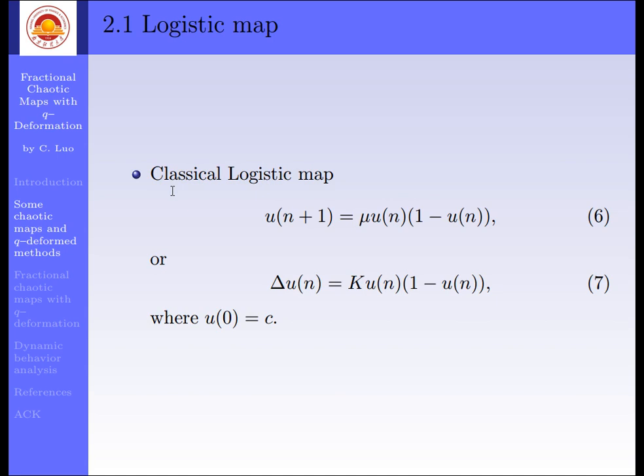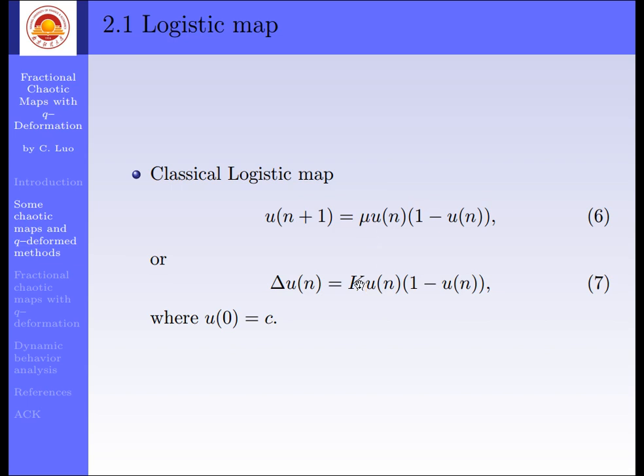To be specific, we can start with this classical logistic map. u(n+1) is equal to mu times u(n) times 1 minus u(n), or in the form of difference, delta u(n) is equal to k times u(n) times 1 minus u(n), where u(0) is equal to c.